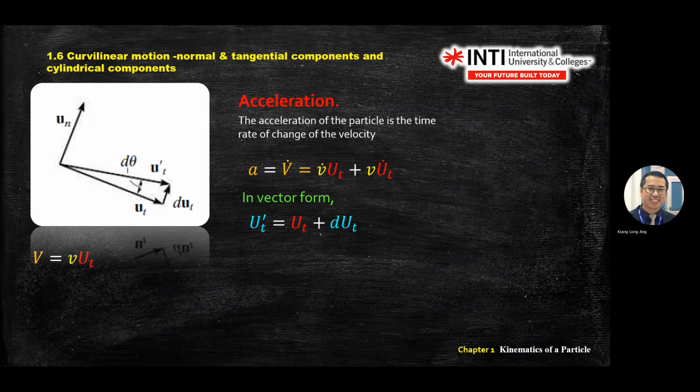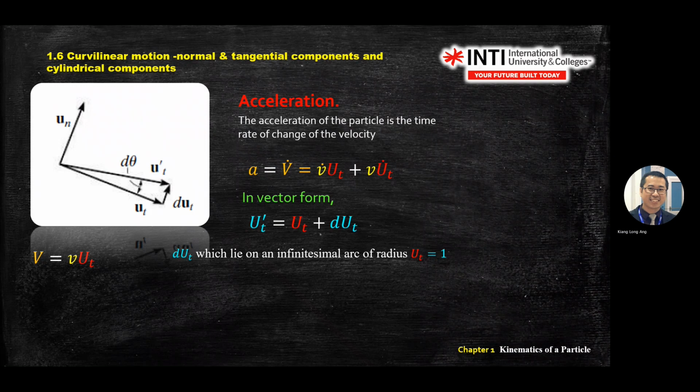This one is C, this is B, this is A. So this one equals this one plus this one. So u prime is C, equal to ut plus dut. Make sense to you? Yeah.